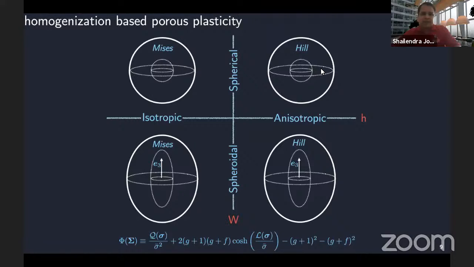This was then extended by Benzerga and co-workers to account for Hill-type anisotropy, but with spherical voids. And then subsequently, there have been developments by Professor Benzerga and his group, and then Professor Kerala Verma at IIT, to understand how shapes and orientations of voids can be brought into the fold of defining yield functions that account for those effects, including the porosity.